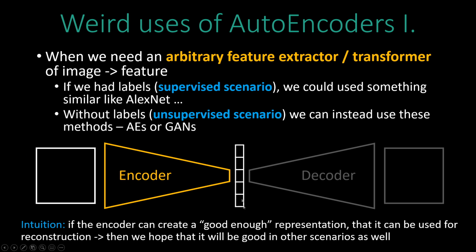So this is a compressed representation of this image, but if this compression maintains enough information that it can be reconstructed well into the original image, we can say that this compressed representation can be used in other scenarios as well. So maybe we could plug this network in as a face descriptor and then use that to control some interactive application.